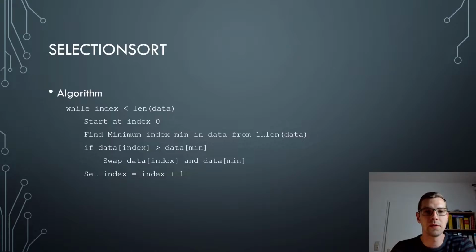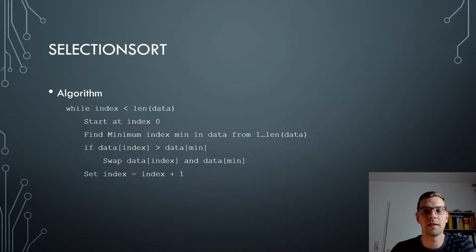At first, we set the index to our first element in our data array. Then we run through the other elements of our data array and find the minimum there. Then we compare our data element at our first position with the data element at our minimum position, and if that is bigger, we swap our data element at our index position with the one at our minimum position.